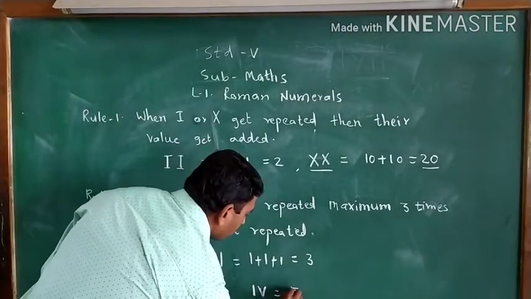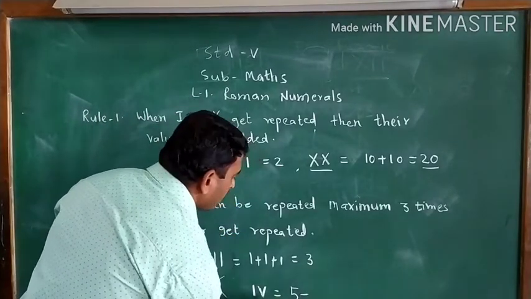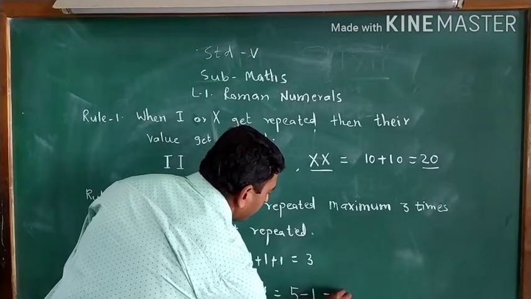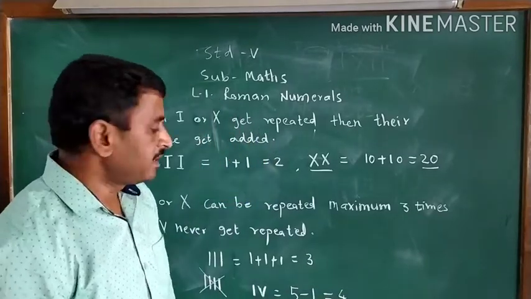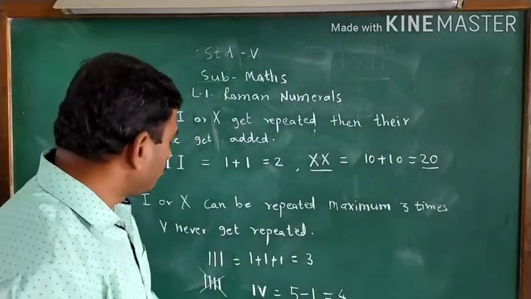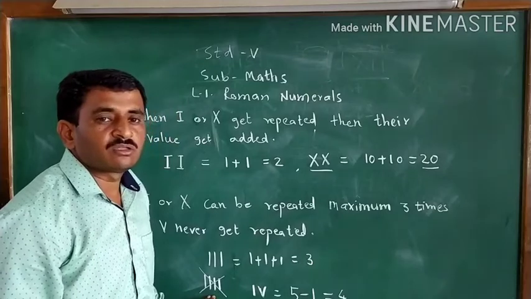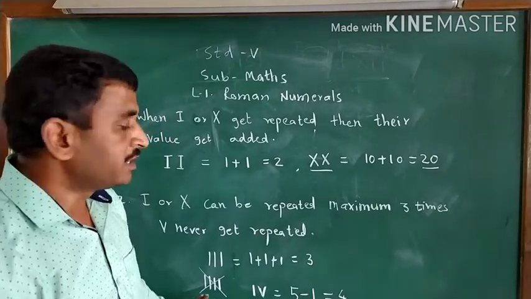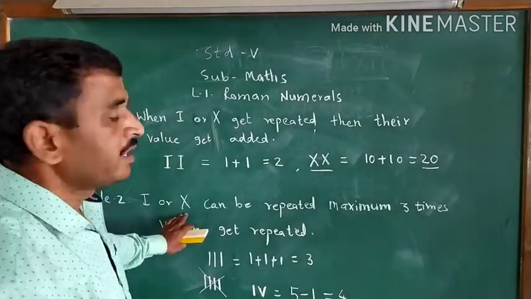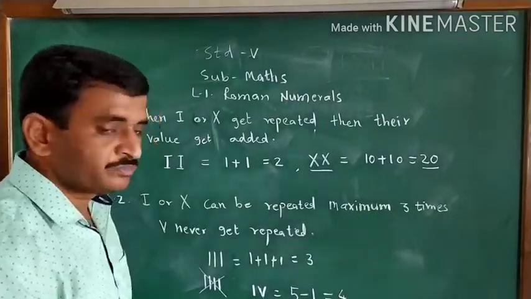So value of V is 5, value of I is 1 gets subtracted and we get 4. So for 4, we use I and V. So I cannot be repeated 4 times. In the same way, X cannot be repeated more than 3 times.